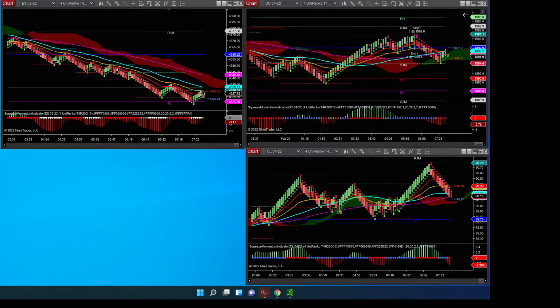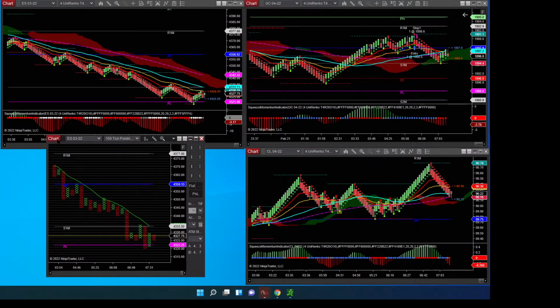So one more thing, and probably the last one before I close the broadcast: the point and figure chart I use also as a reference and also as a trigger for some of the entries.